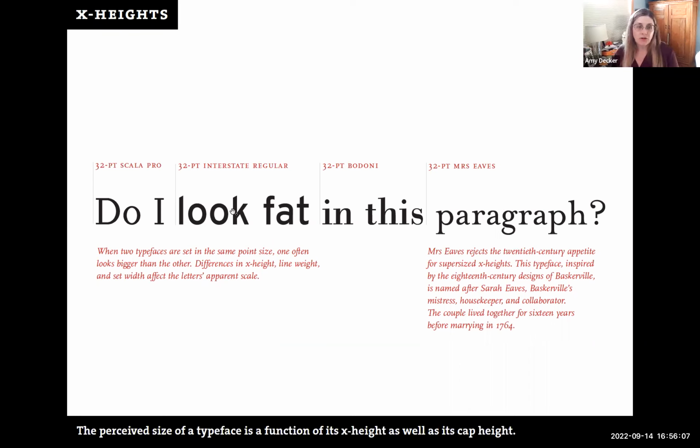Look how tall Interstate is, and Helvetica also has a very tall X height. But then again, look over here at Mrs. Eves and how short the X height is. So X height can be anything the designer wants it to be. It can be tall or short. And that has nothing to do with the overall size of the typeface. That's just a style decision.